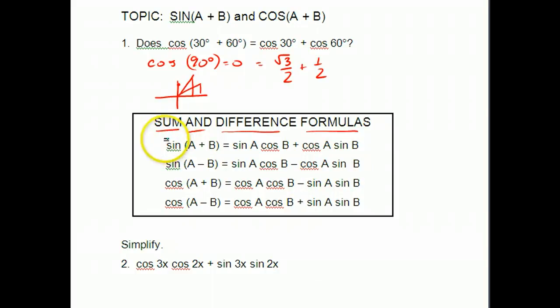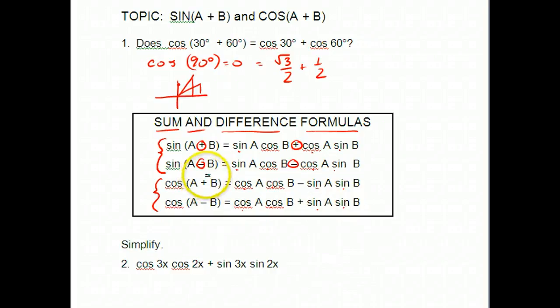But with the two sine formulas, it always starts sine cos, cos sine, sine cos, cos sine, and when I add with the sine formula, I add, and when I subtract, I subtract.